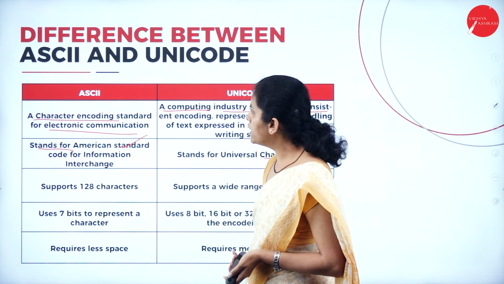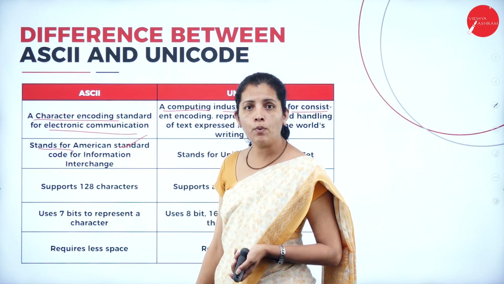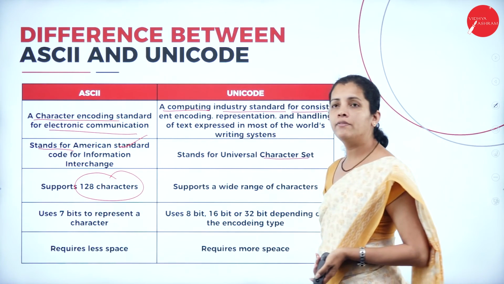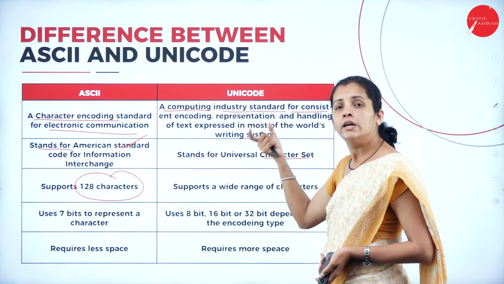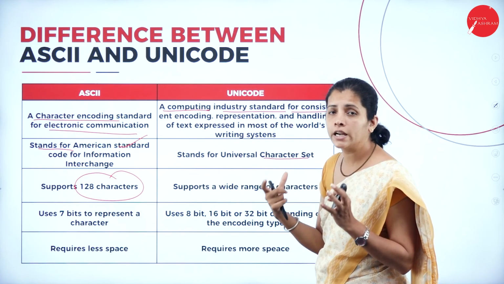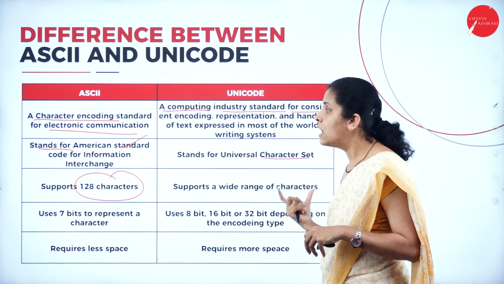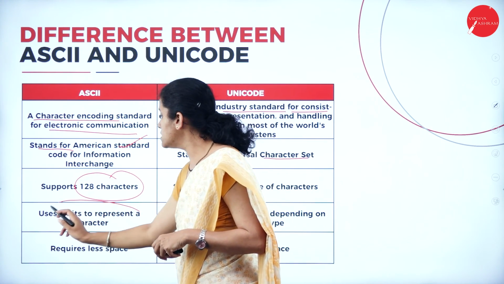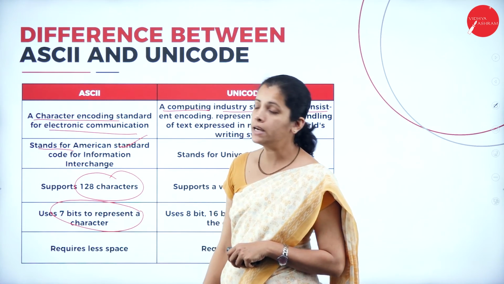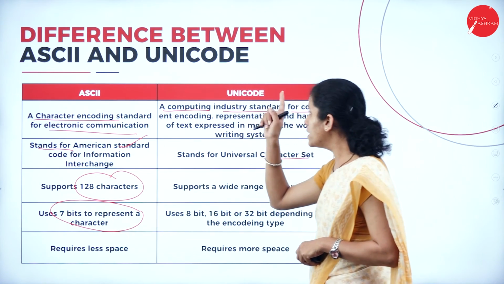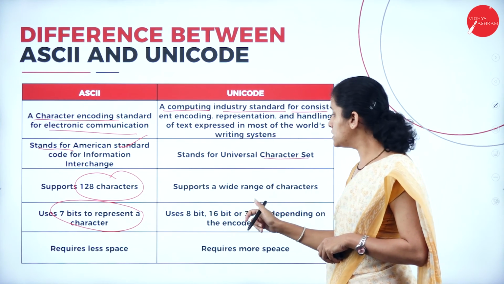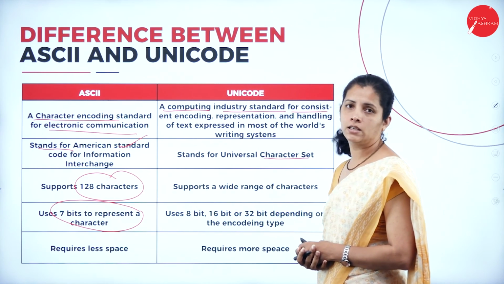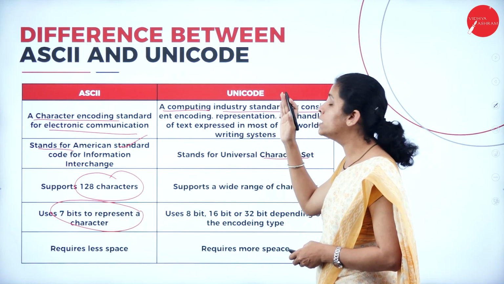ASCII supports only 128 characters, while Unicode supports a wide range of characters. ASCII uses 7 bits to represent characters, while Unicode uses 8-bit, 16-bit and 32-bit depending on the Unicode type.